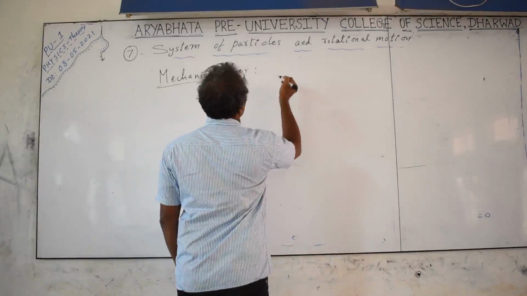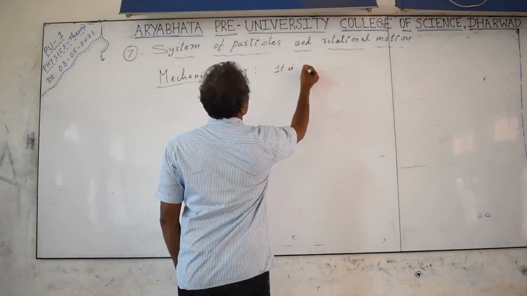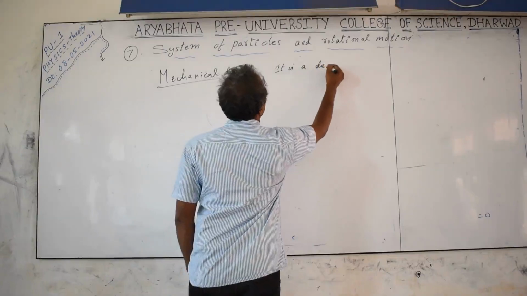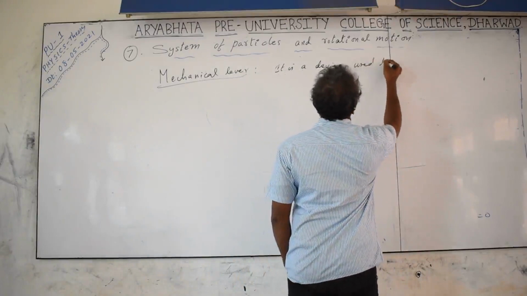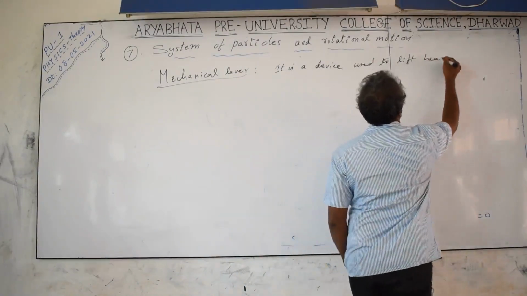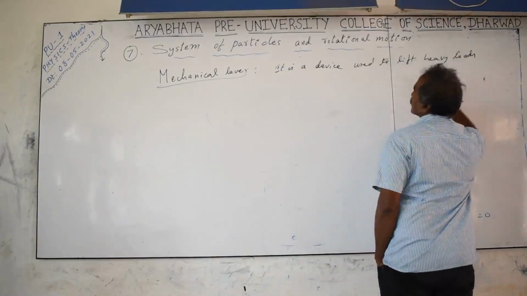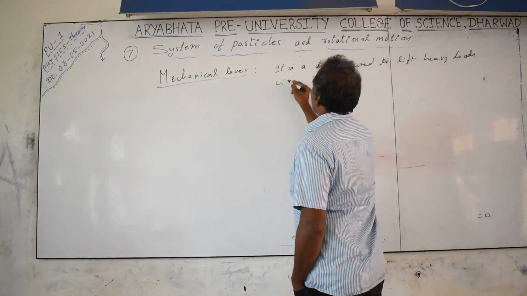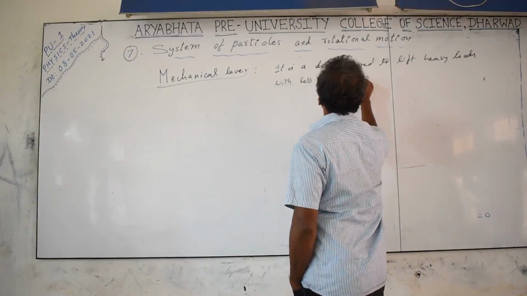Different types are there, and one type only, the definition I am giving: it is a device or mechanical arrangement used to lift heavy loads or heavy weights with less force, called the effort.